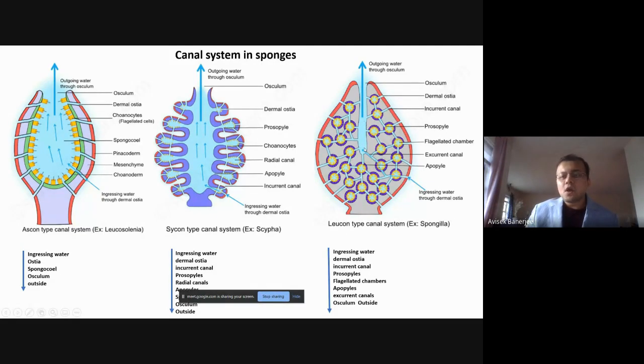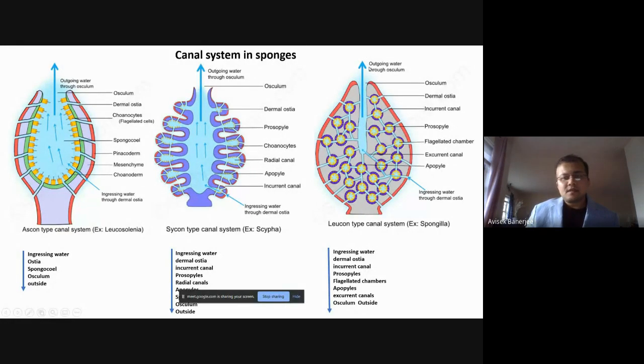So this is a more complex structure. The water comes through ostia, through the incurrent channel, then to prosopyles, and then these are the flagellated chambers. From apopyles, it goes to the excurrent canal, then the spongocoel, and then the exterior.